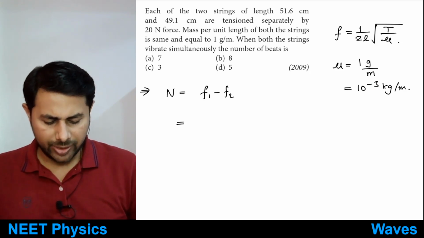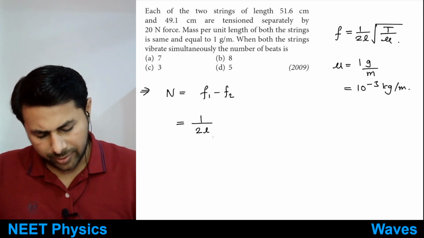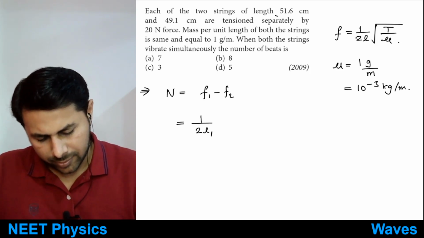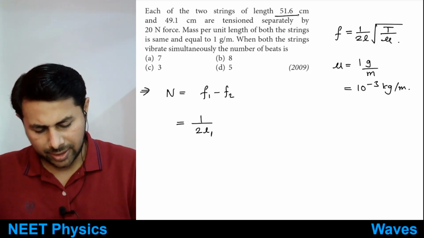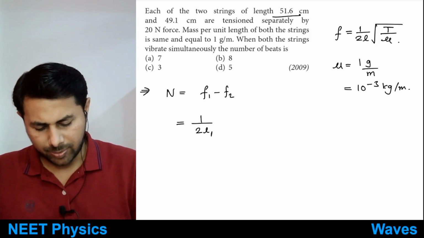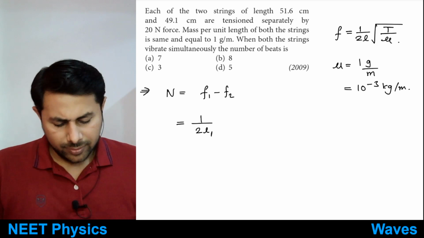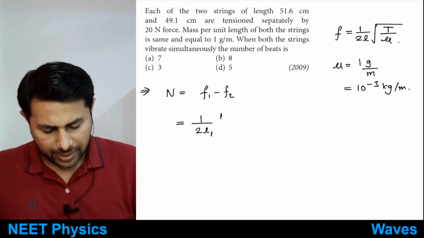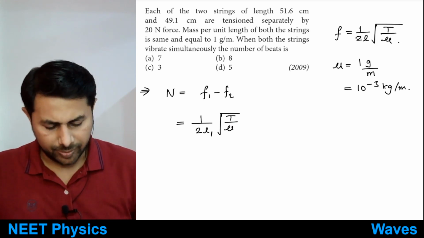So what would be F1? It's 1 upon 2 L1 times square root of T by mu. Let's take this one as L2 and this one as L1. T by mu is the same for both of them, right?